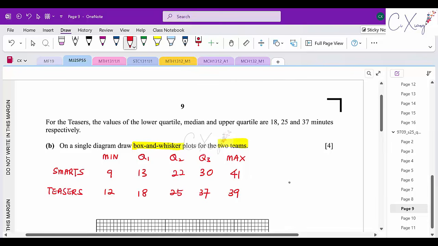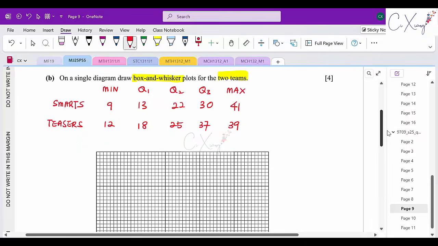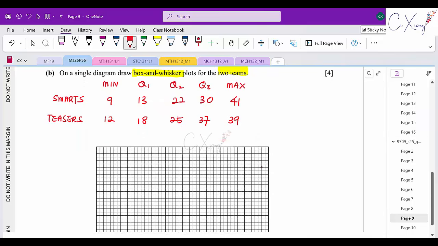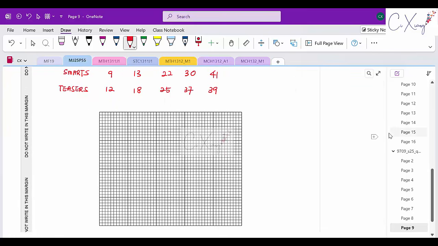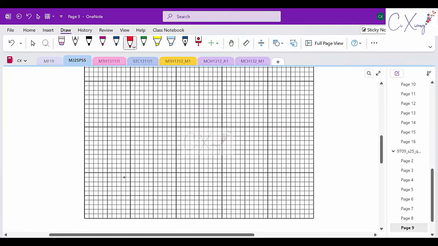And now we can start drawing the box and whisker plot. Okay, so for this box and whisker plot, you need to know that the scale is still important, the ratio. So I'm having the x-axis in the horizontal line. Okay, maybe I enlarge it first.